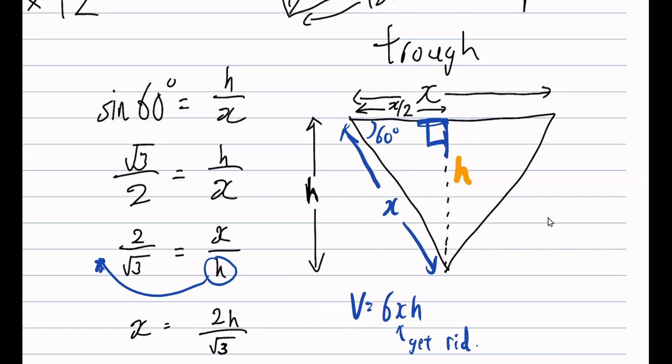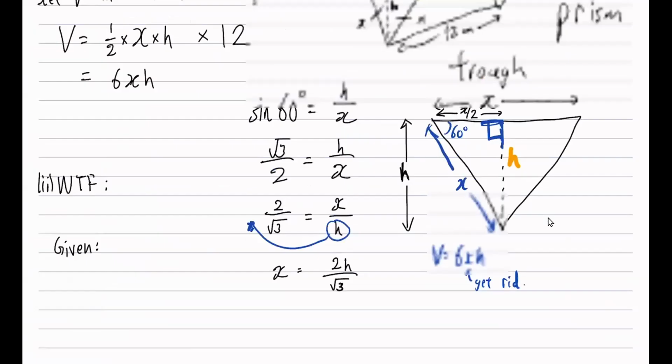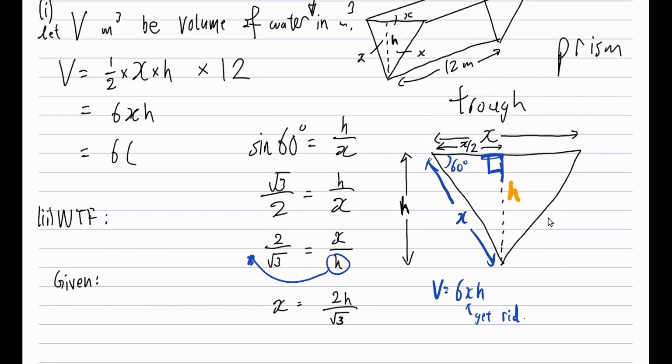Okay, very good. So that means that v will now be equal to, instead of 6xh, it will be, what's x? 2h over root 3. Or 2 over root 3 times h. Simplify, what do we get? The 6 can go to the numerator. 12 over root 3.